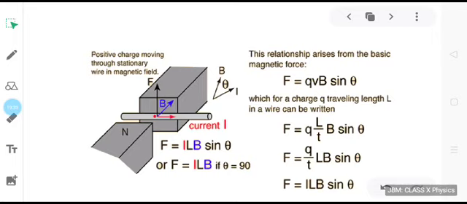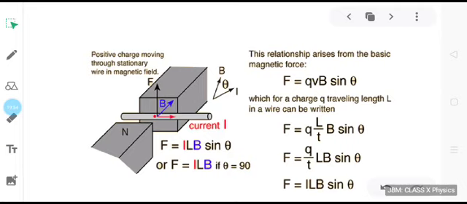Now you all have already studied trigonometry. You know what is sin theta, what is the maximum value of sin theta. The maximum value of sin theta is 1. When does this value become equal to 1? When theta is 90 degrees. Now what is theta? Theta is the angle formed between the direction of field and current.